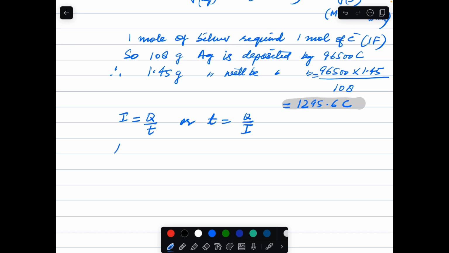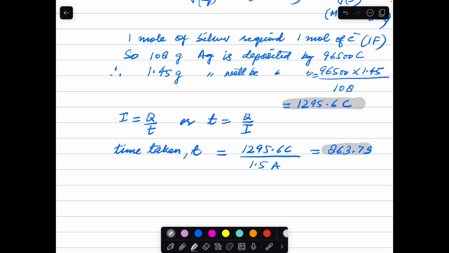In our case, the time T is 1295.6 coulomb divided by the current, 1.5 ampere, which is given in your question. So you will get the value 863.7 seconds. This is the time taken for the deposition of the silver.